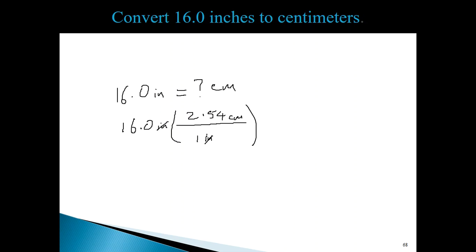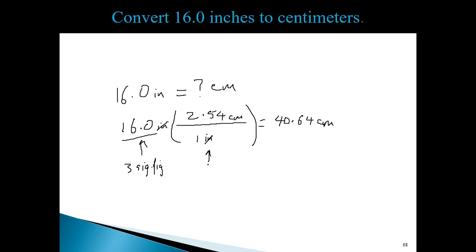So what we have to do now is work out 16.0 times 2.54, and according to my calculation, this works out to be equal to 40.64 centimeters, but that's what I get on my calculator display, but I have to round off to 3 significant figures because 16.0 is expressed to 3 significant figures.